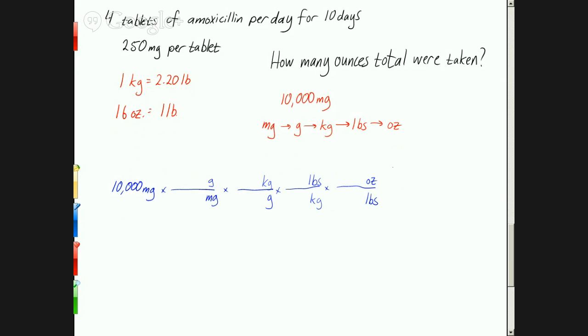So now it's a matter of filling in those numbers and doing the math so that it makes sense. We know there's 1,000 milligrams in a gram, 1,000 grams in a kilogram, 2.2 pounds in a kilogram, and 16 ounces in a pound.